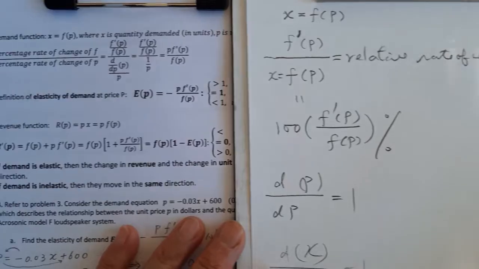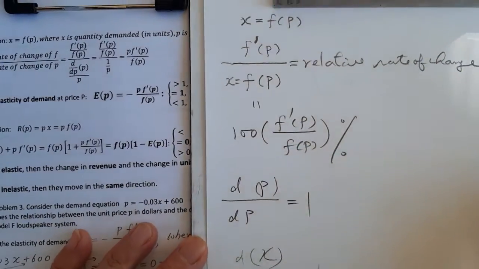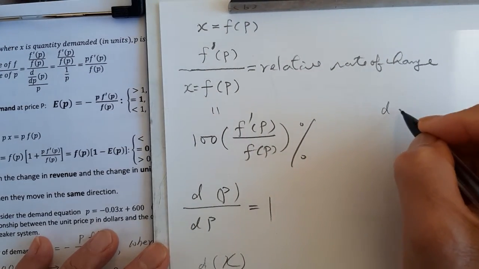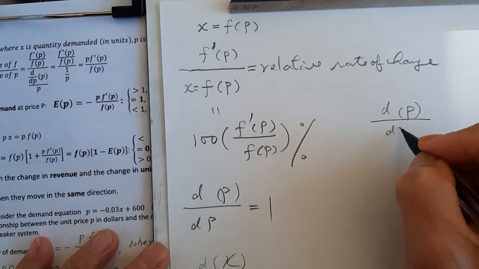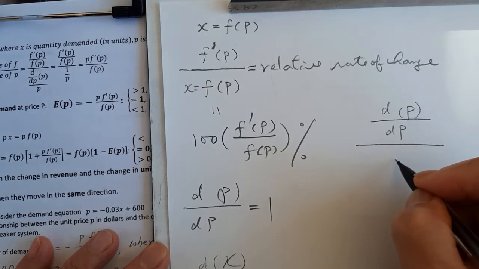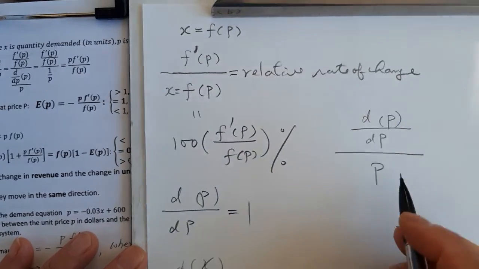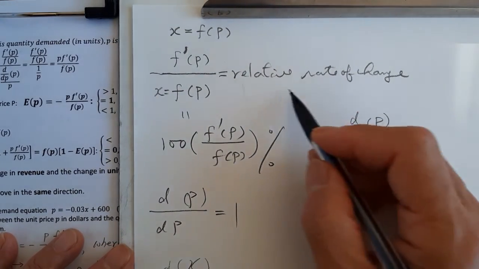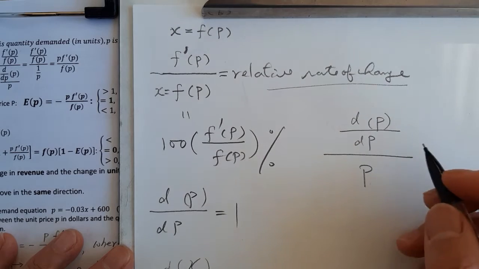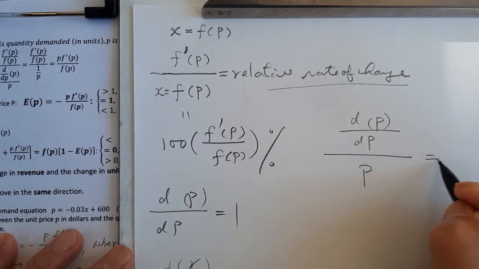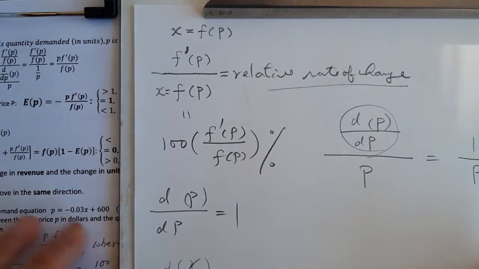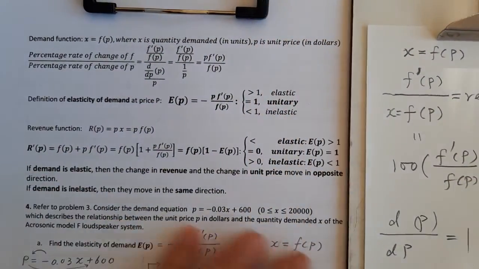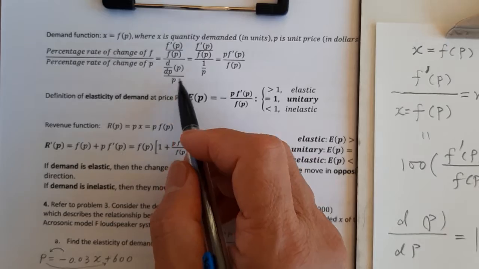So for the price p, you take the derivative with respect to p and divide by price p. This we call a relative rate of change, which is 1 over p.